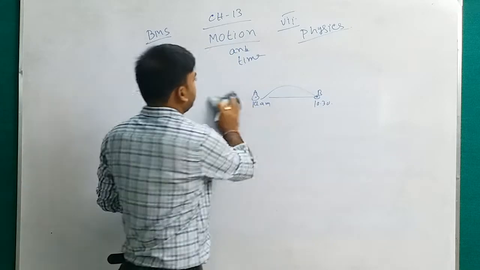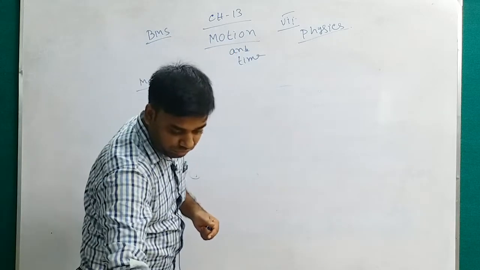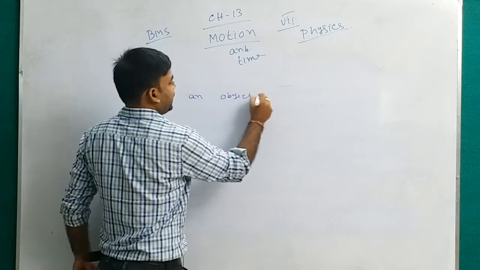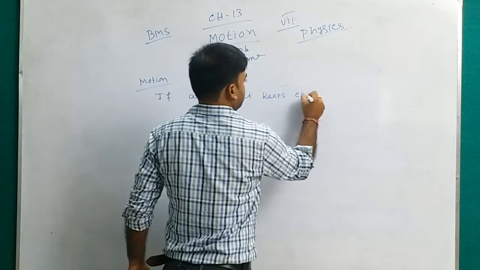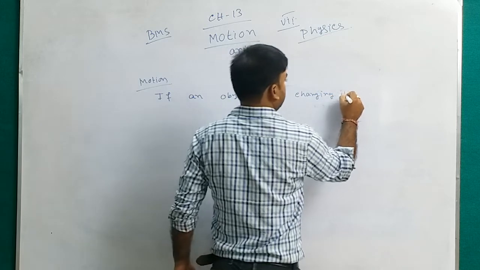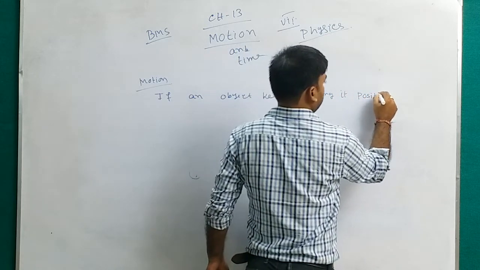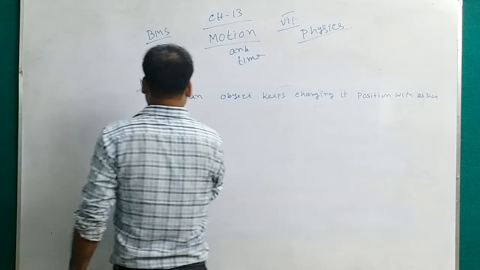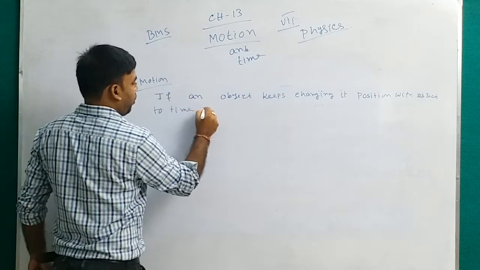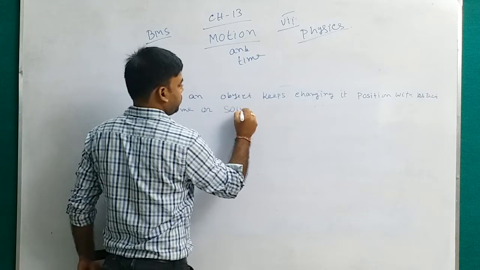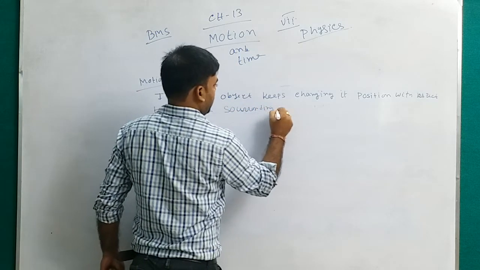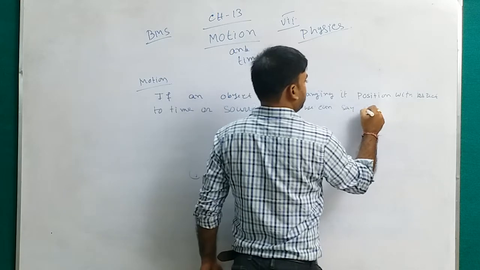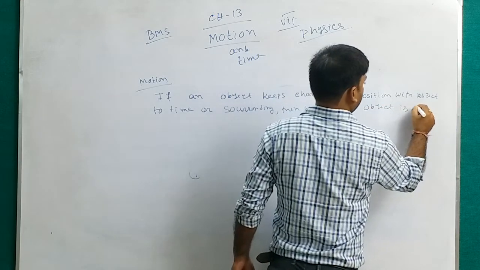So I can write the definition in such a way: if an object keeps changing its position with respect to time or surrounding, then we can say the object is in motion.